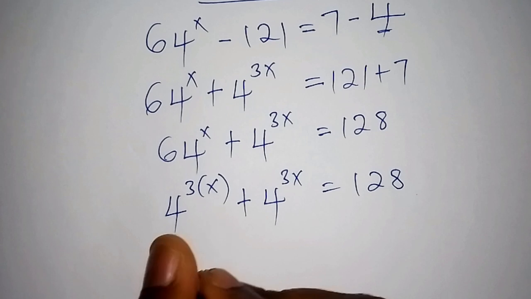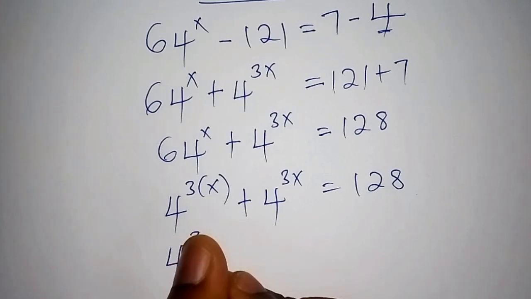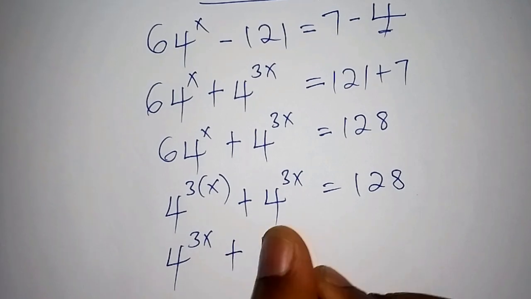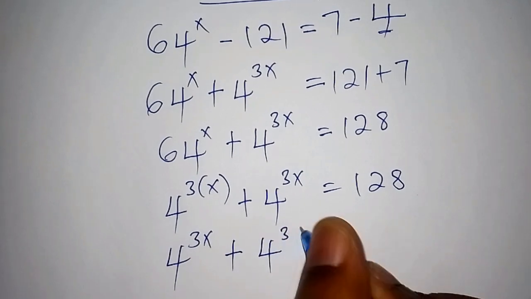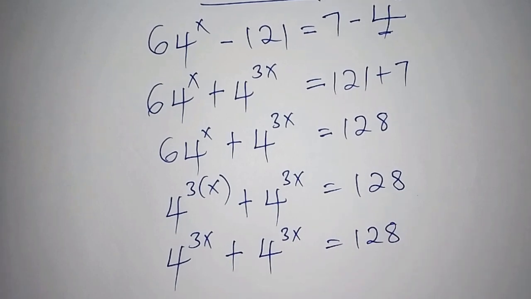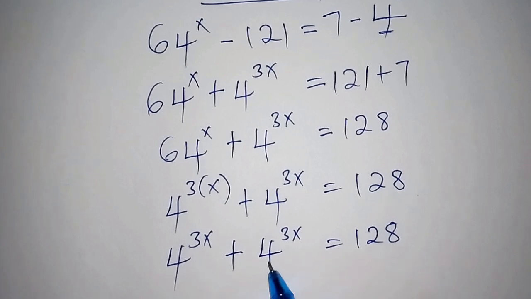Now we shall have 4 to the power of 3x, then plus again 4 to the power of 3x is equal to 128. We have the same numbers with the same base, that is base 4 and base 4.